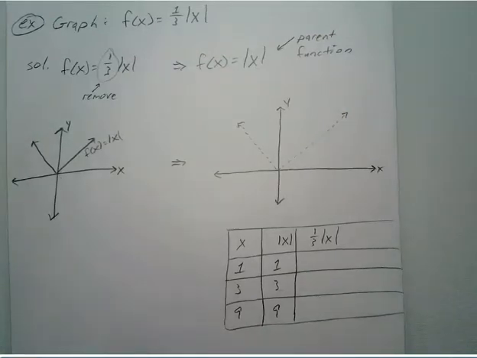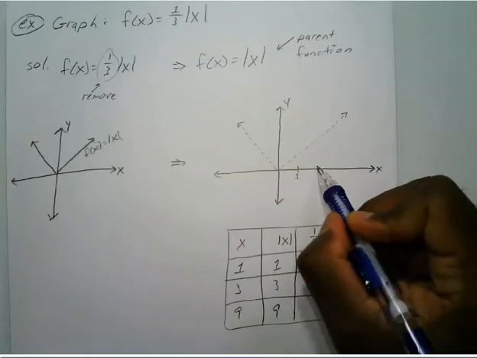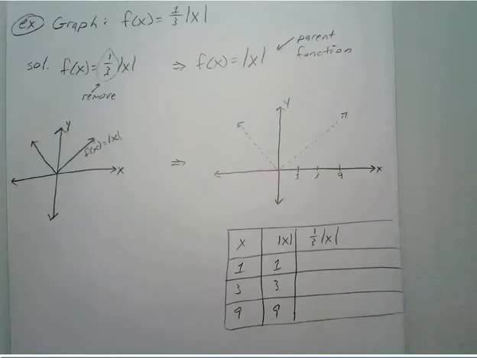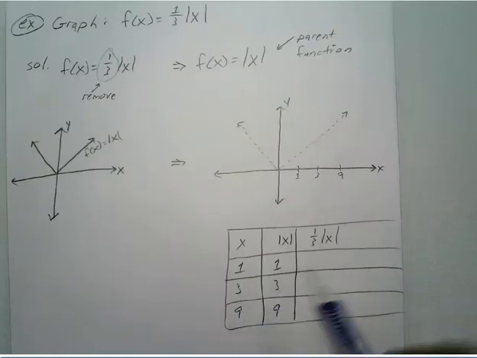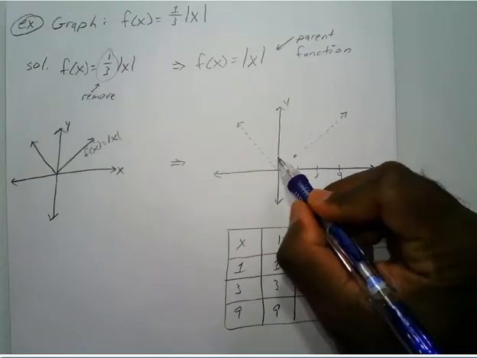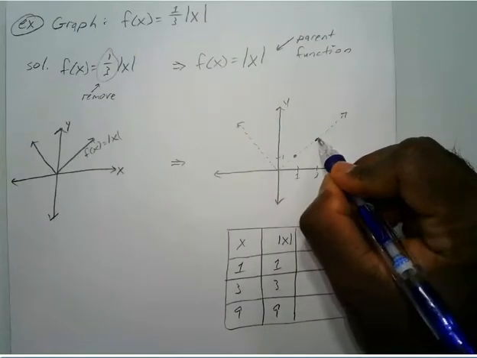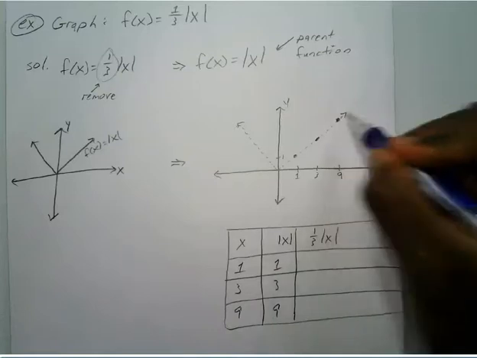Now let's say this is 1, we'll say this is 3, and I know it's not absolutely perfect, but we'll say that's 9. So remember, absolute value of 1 is 1. Absolute value of 3 is 3. And absolute value of 9, we'll say that this is 9.